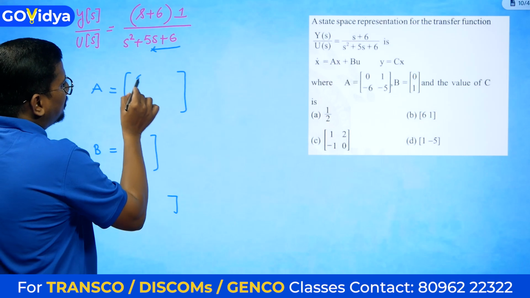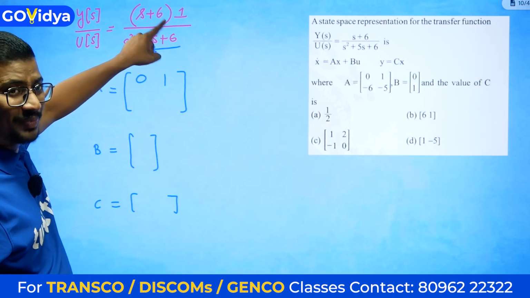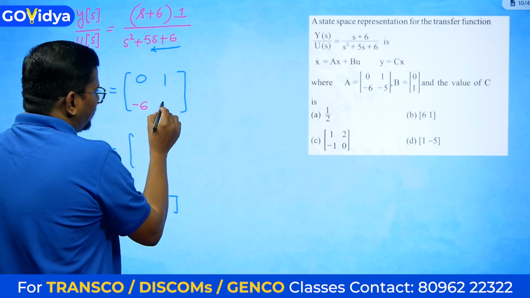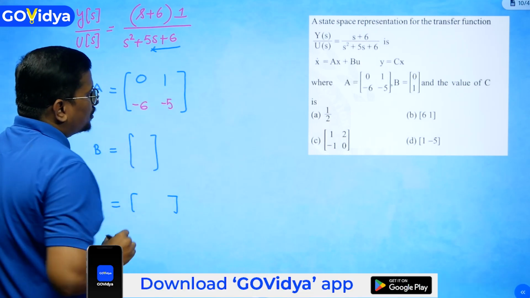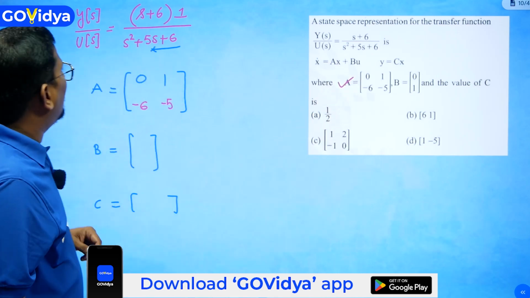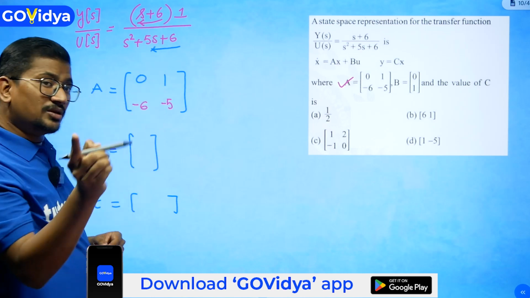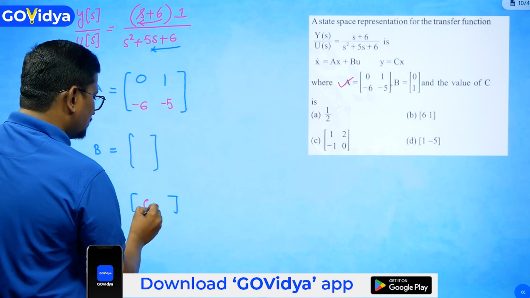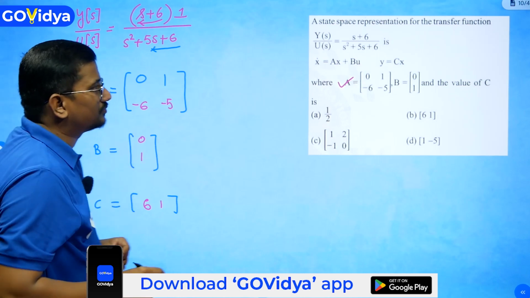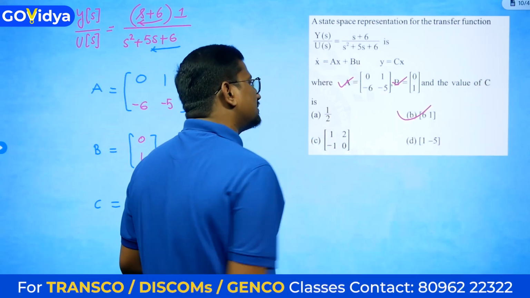So what is the standard form? Controllable canonical form: 0, 1. It is plus 6, it will become minus 6, plus 5 becomes minus 5. So which we got. And for the C matrix we have to go in this particular direction and not change the polarity. 6, 1. And what else is left? 0, 1. See, the B matrix we got, and finally we got the C matrix as this.